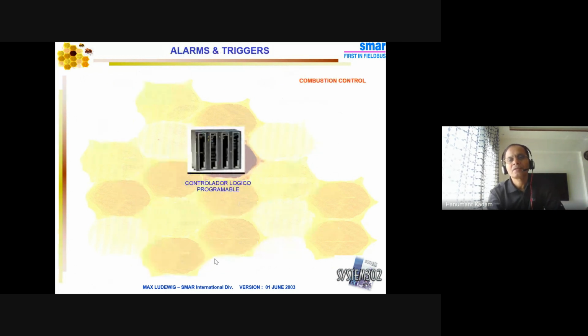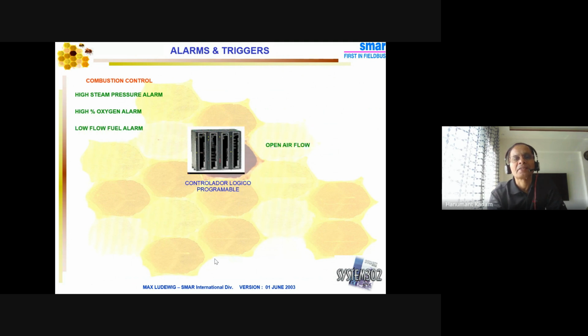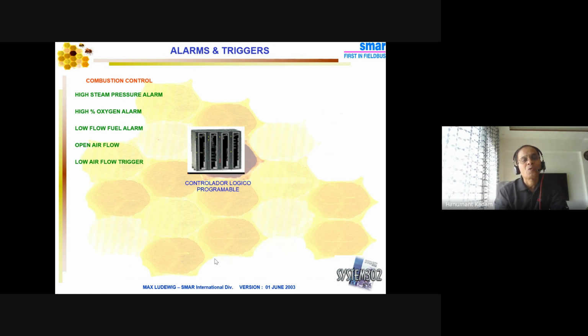Then you can see here alarms and triggers. In the combustion control: high steam pressure alarm, high percentage oxygen alarm, low fuel flow alarm, high air flow, low air flow. So these are the tripping or alarms to be configured for combustion control.